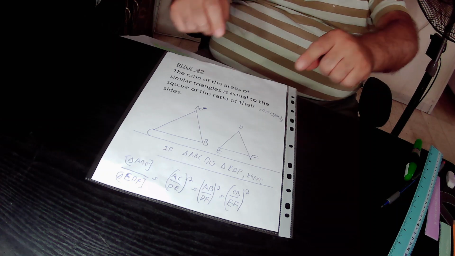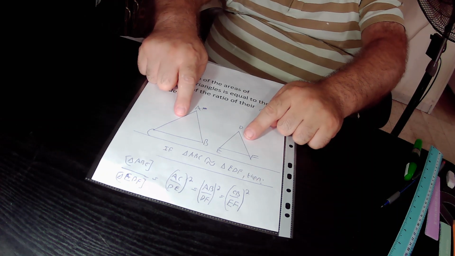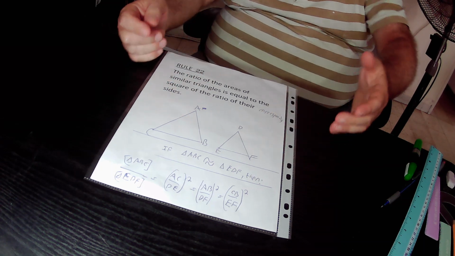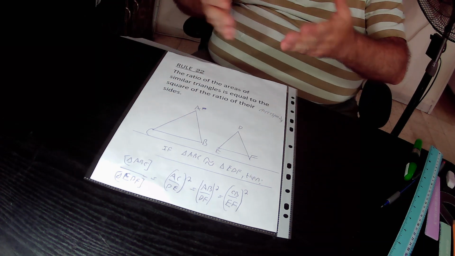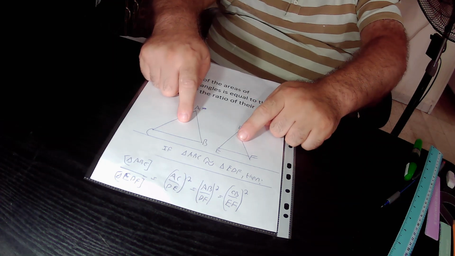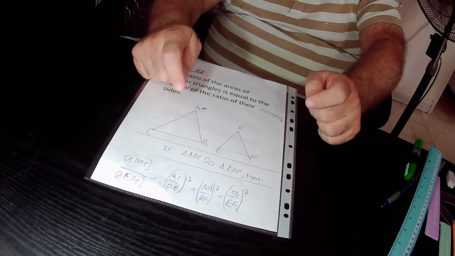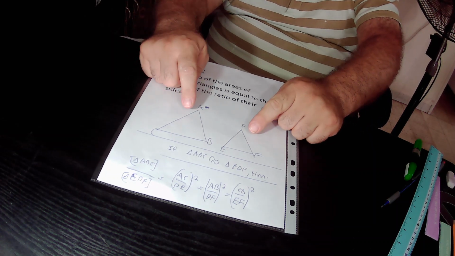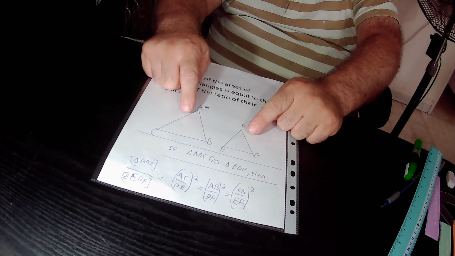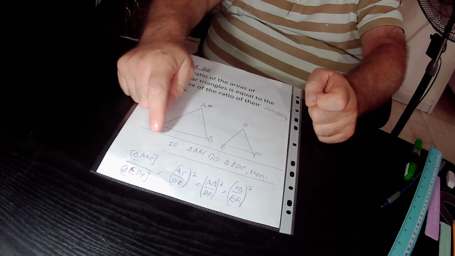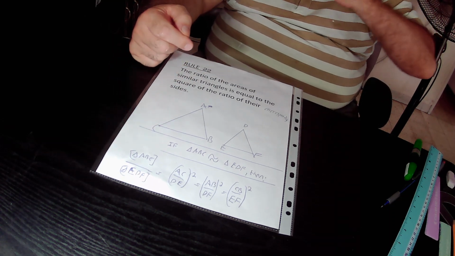So in the drawing we have two triangles, triangle ABC and triangle DEF, that are similar to each other, and according to rule 22, the ratio between the areas of those two similar triangles is equal to the square of the ratio of their corresponding sides. So the ratio is the area of triangle ABC over the area of triangle DEF, and that ratio equals the square of the ratio of their corresponding sides.